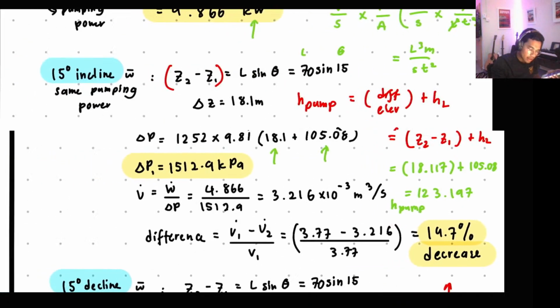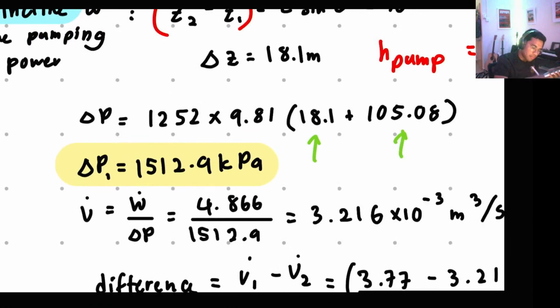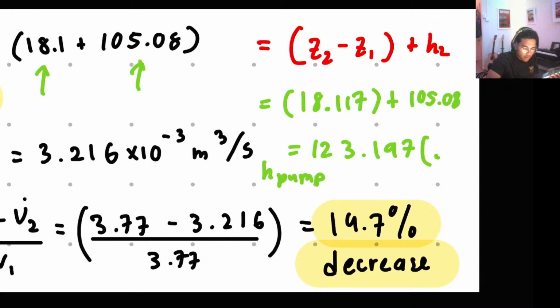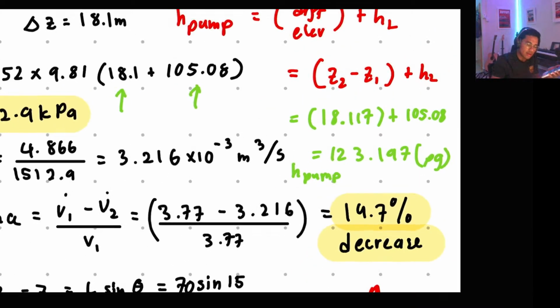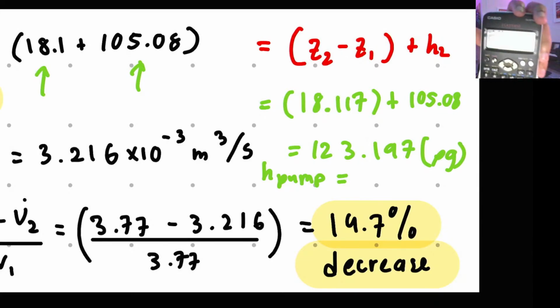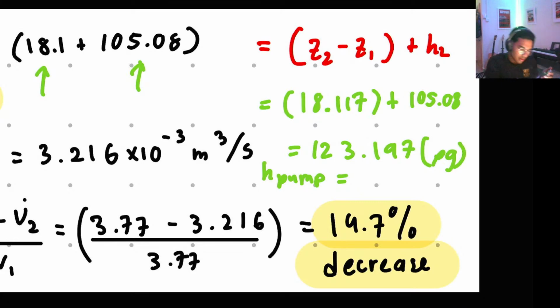Kita nak cari pressure daripada H darabkan dengan rho g. 123.197 darab 1252 darab 9.81.